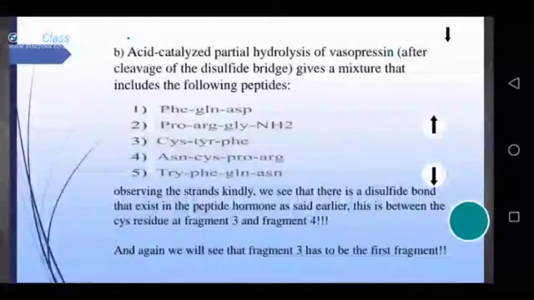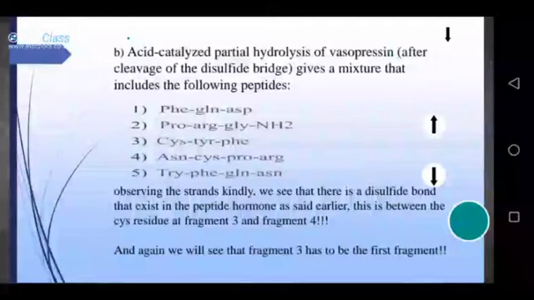B is saying we should propose a structure for vasopressin. How is it arranged? Since we know that the acid partially hydrolyzed vasopressin and also cleaved the disulfide bonds, the first hint is that there is a disulfide bond, so a disulfide bond exists in vasopressin.